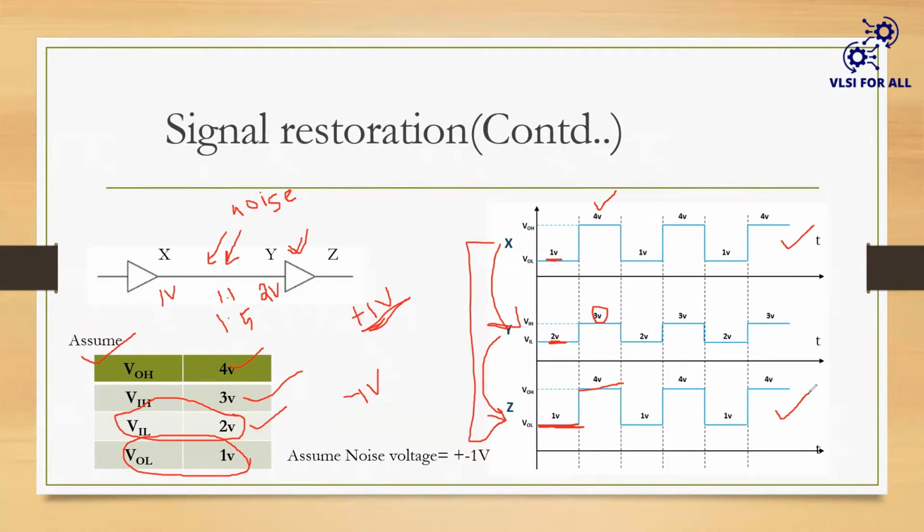Leave it, because all the elements present in your design are following the static discipline. So don't worry. If it is a valid input, you will get a valid output. So don't worry about the noise. In module 1 itself, we are telling you, forget about the noise if your design is following the static discipline. That's it. This is what module 1, the fundamentals of digital abstraction, is about.